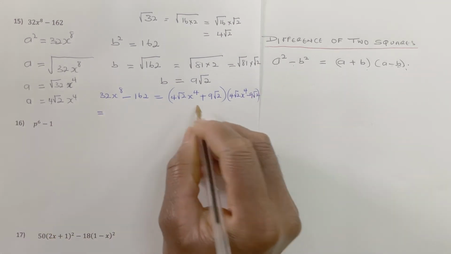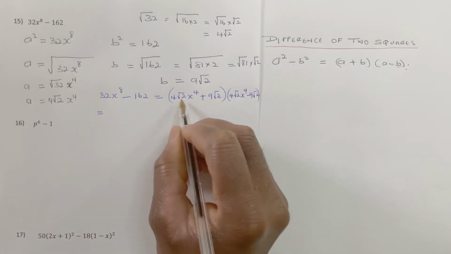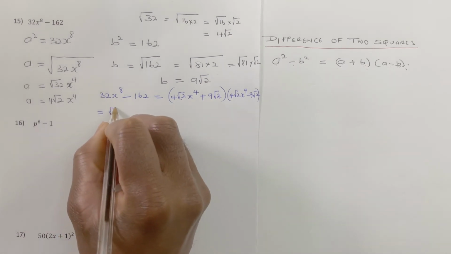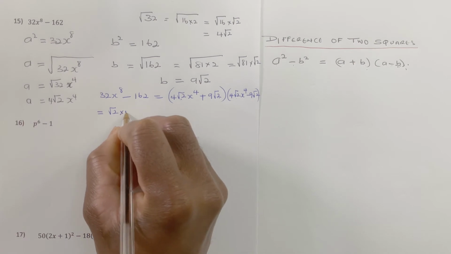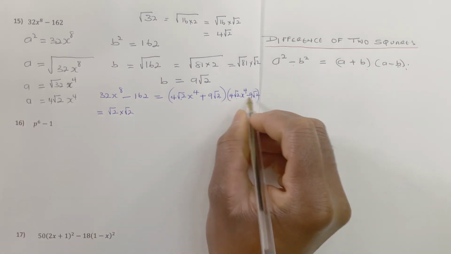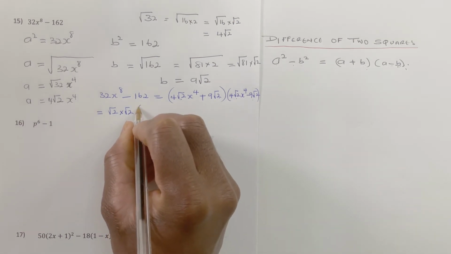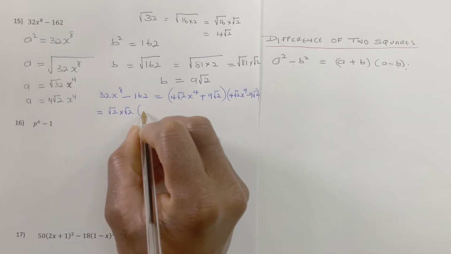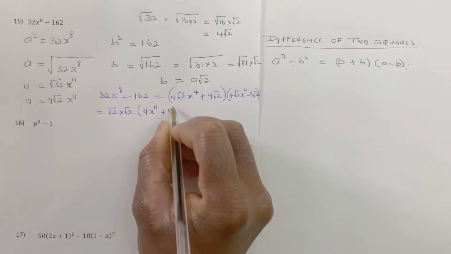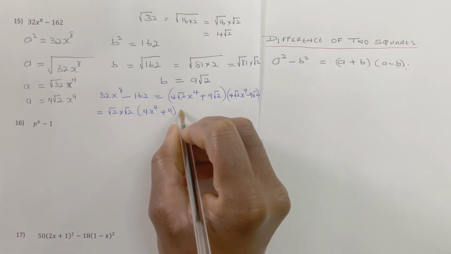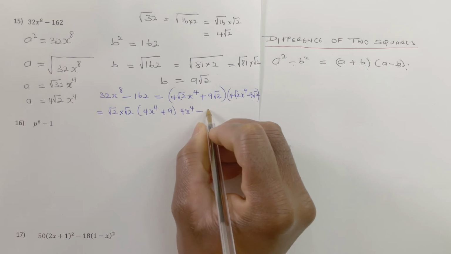Now what we can do is root 2 is a common factor here, so we'll take root 2 out. Root 2 is also a common factor here, we'll take it out. And then we have 4 x to the power 4 plus 9, and here is 4 x to the power 4 minus 9.